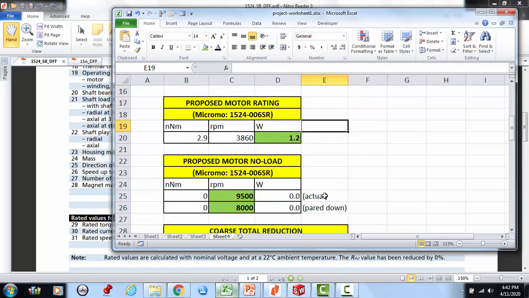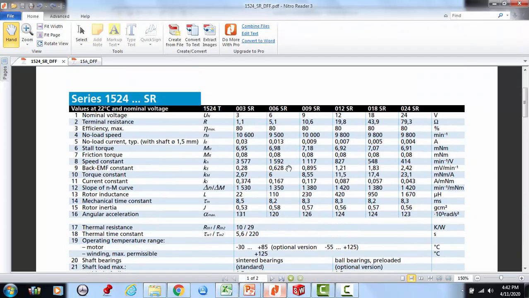The next thing is that I put down the proposed motor's no load speed. So I've got a motor rating in terms of rated wattage, and a motor rating in terms of its no load speed. The actual no load speed is 9,500. Let's go take a look at that.